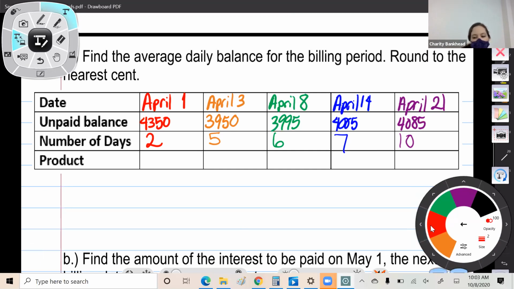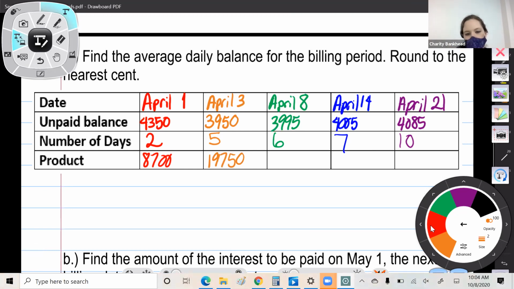All right, and so then what we're going to do is we're just going to multiply the number of days times the balance. So 2 times 4350 equals 8,700. And then 5 times 3950 equals 19,750.